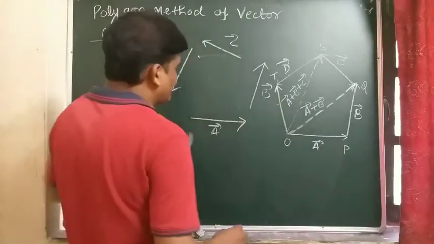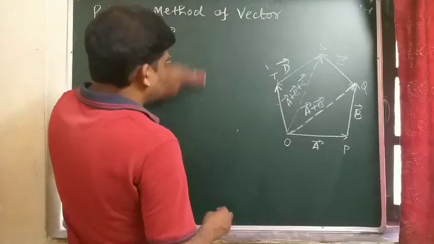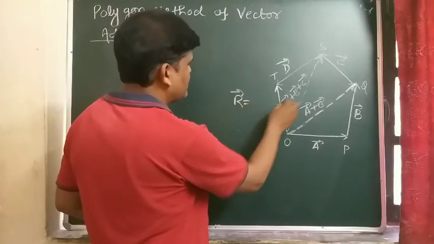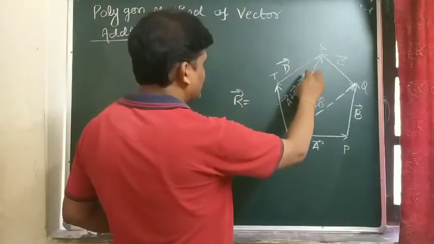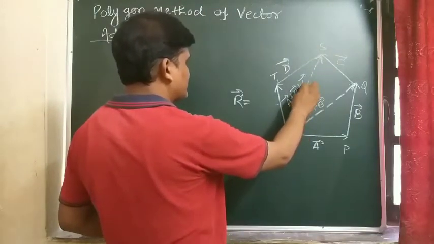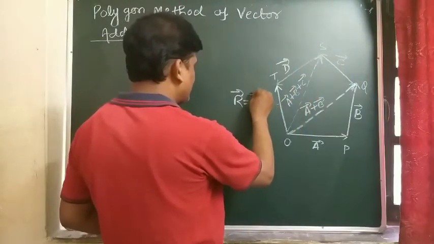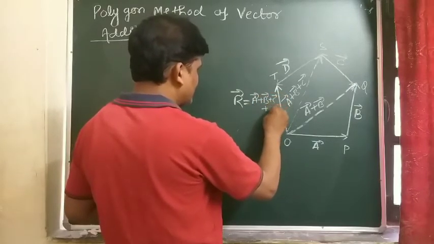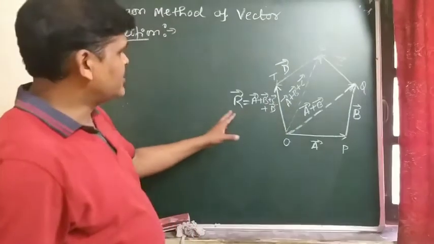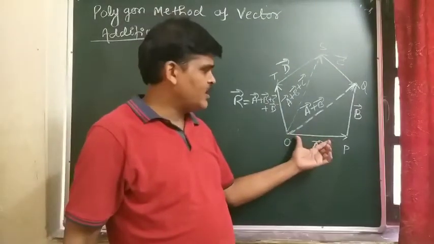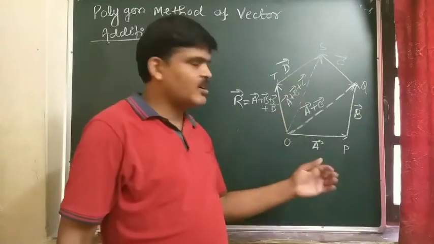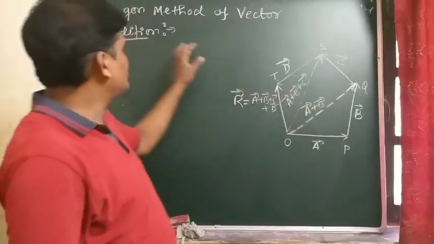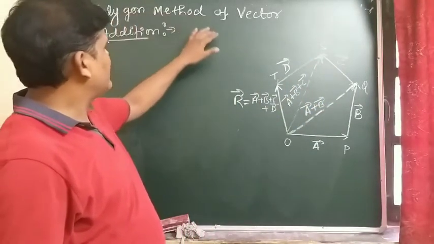This resultant vector can be written as vector A plus vector B plus vector C plus vector D, and this is the resultant vector of adding 4 vectors. The addition of more than 2 vectors is said to be the polygon method of vector addition.